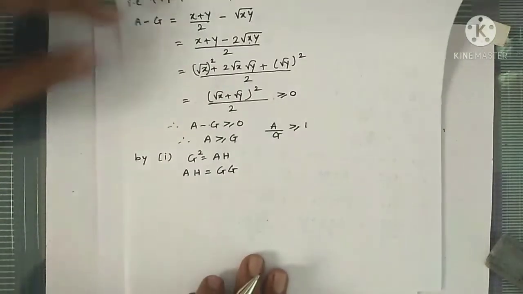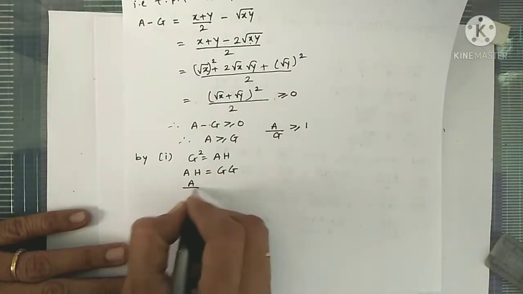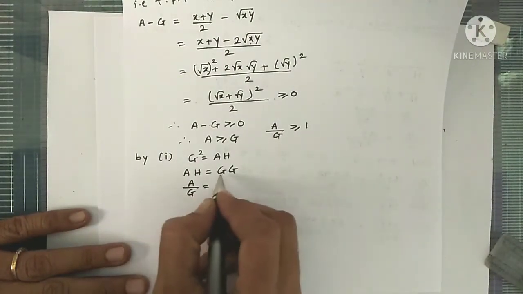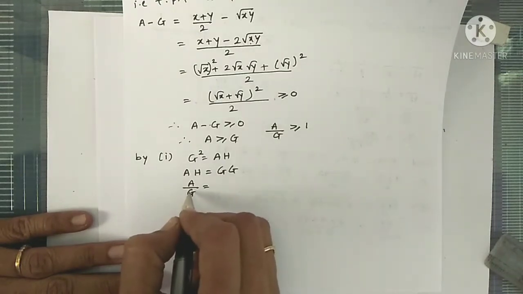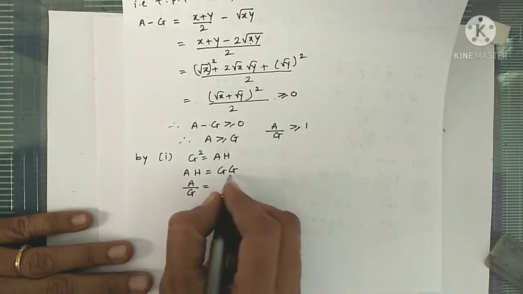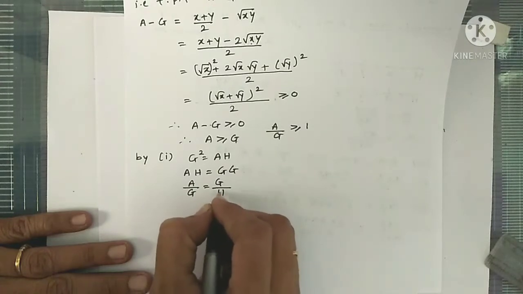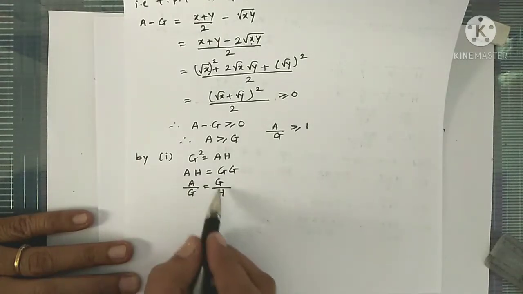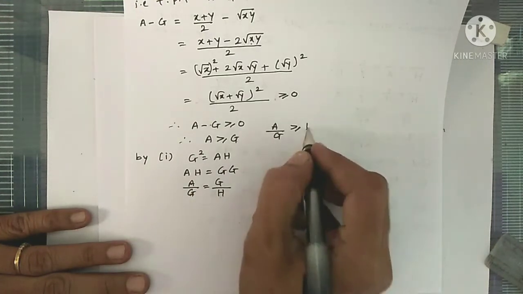Now since we have a upon g here, let's rearrange these terms. So a upon g, take g in the denominator of the left hand side, and we can write this h in the denominator of the right hand side. So g upon h. See, ah equals g square. Now a upon g is greater than or equal to 1.